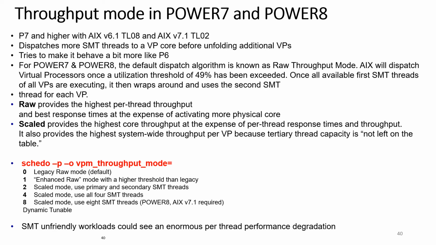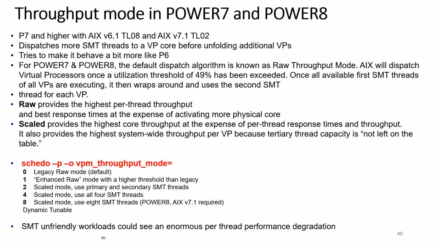I had mentioned earlier that we now dispatch all of the primary threads to every VP before we dispatch any of the secondaries or tertiaries. That's actually called raw throughput mode, and that was the change at Power 7. So IBM will actually dispatch all the virtual processors once a utilization of 49% gets exceeded.